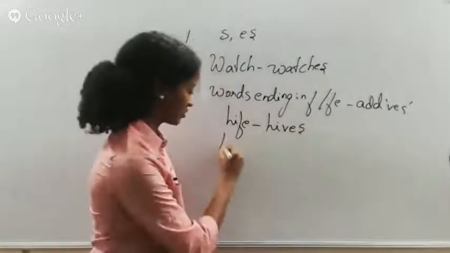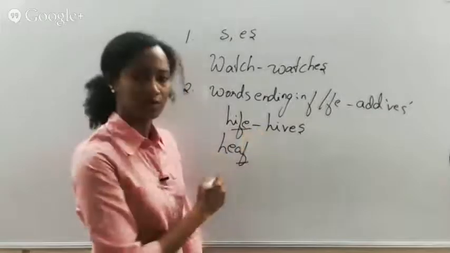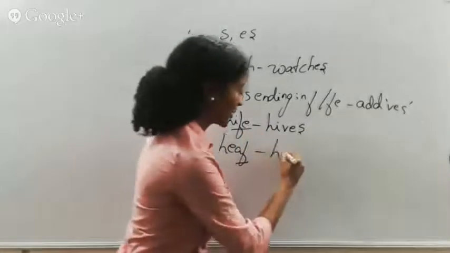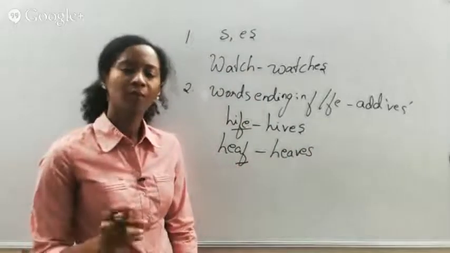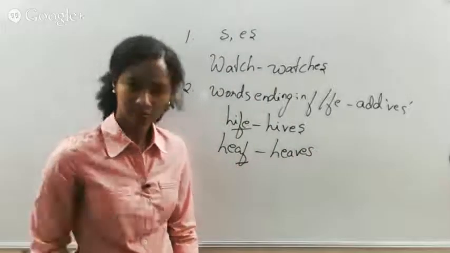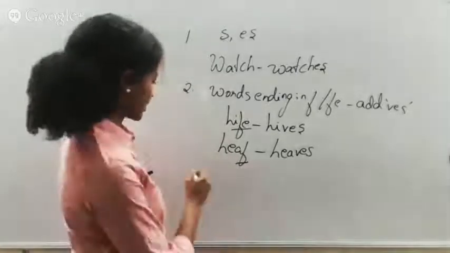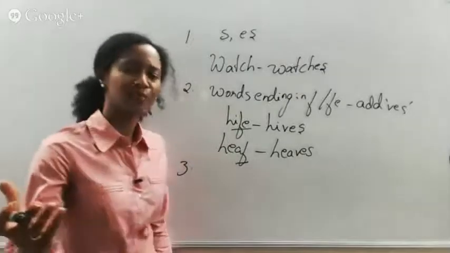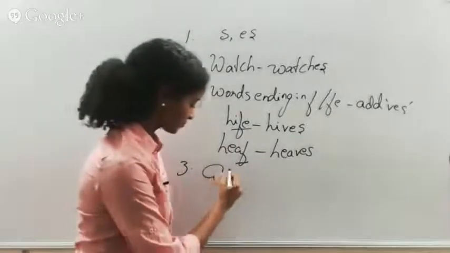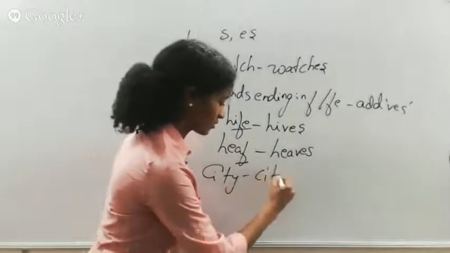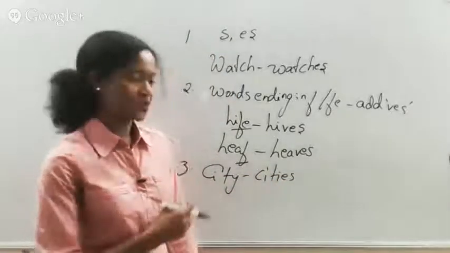Leaf. FE, F. Change it to plural, becomes leaves. Right? What about words ending in Y? You just strike off the Y, you add IES. Right? Let's look at that. Give me some examples. City, cities. Party, parties. Okay, this is one.